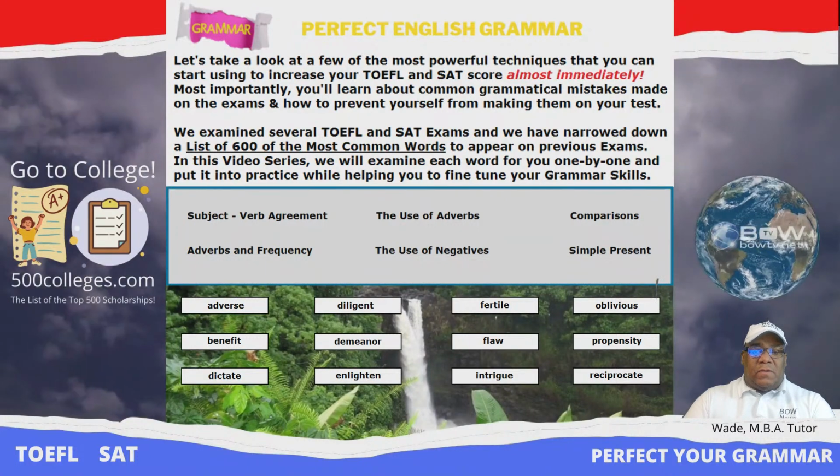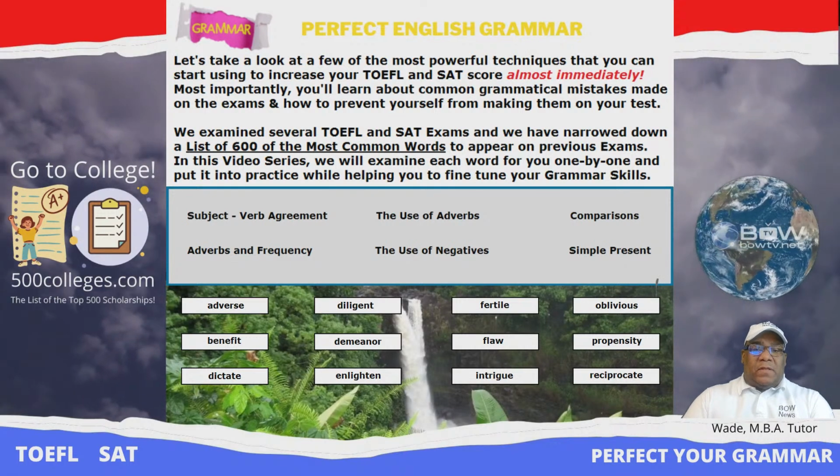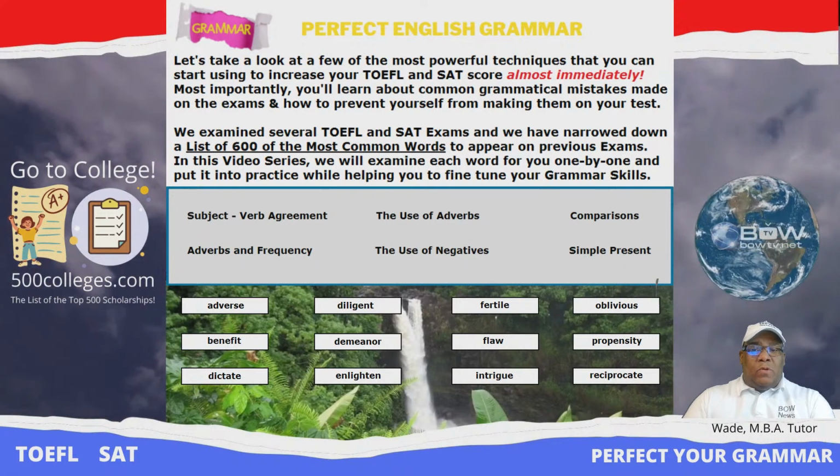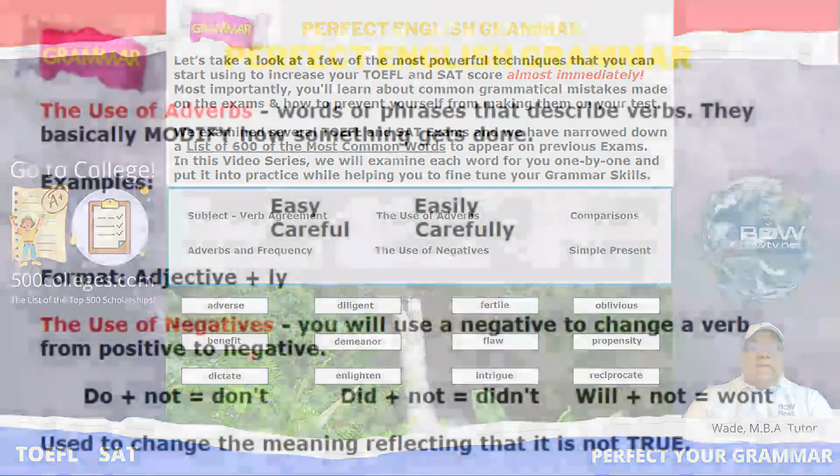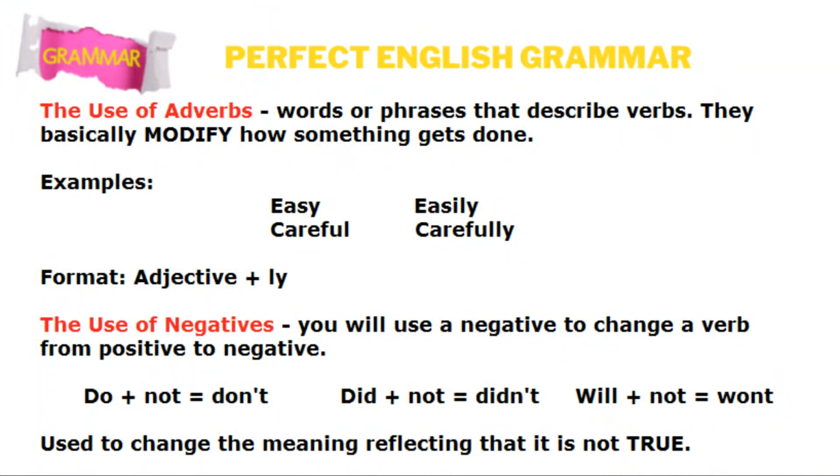With respect to the use of adverbs and the use of negatives, we can take a look here. The use of adverbs: words or phrases that describe verbs. They basically modify how something gets done. So use of adverbs would be easily versus easy, or carefully versus careful.